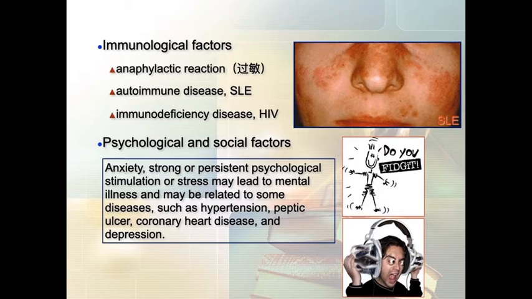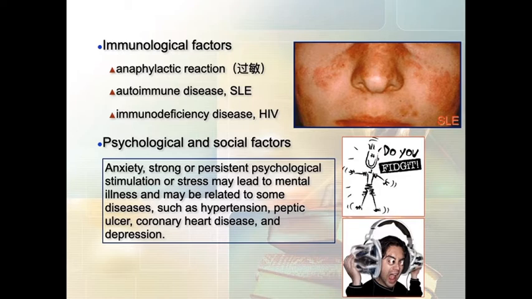Psychological and social factors. Do you fidget? Are you getting very uptight or anxious when you're going to speak in public? These are all the emotions, the feelings most of us have suffered from.